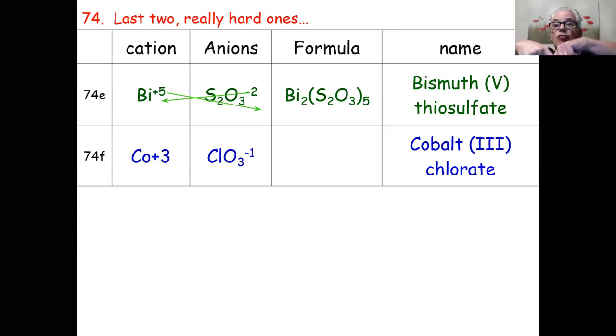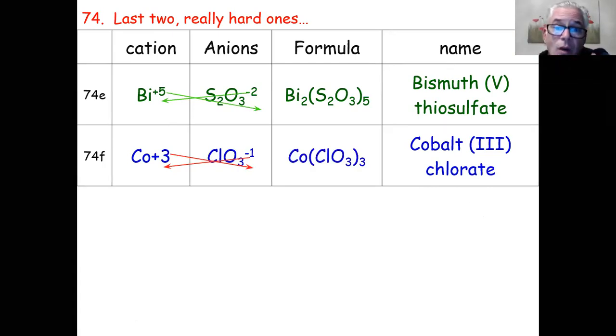And when we crisscross it, let me get the arrows going again. We're going to need 1 cobalt, and we're going to need 3 chlorates. Crisscross. 1 cobalt, 3 chlorates, and I've got to get rid of this, and look at that.